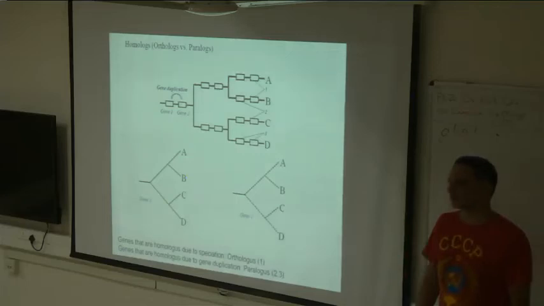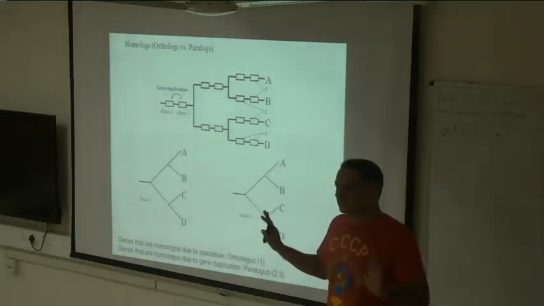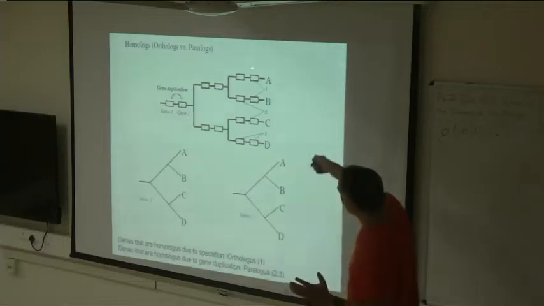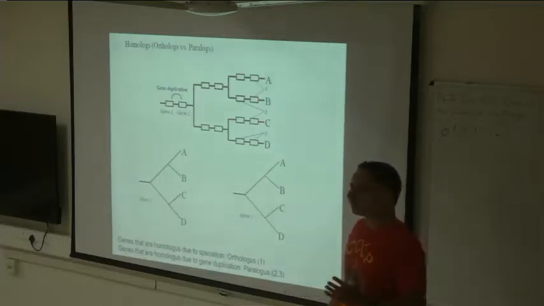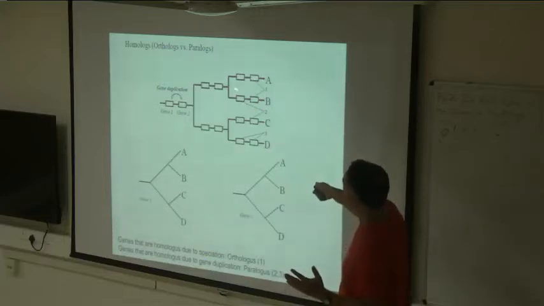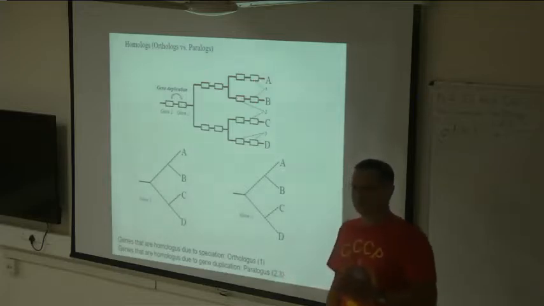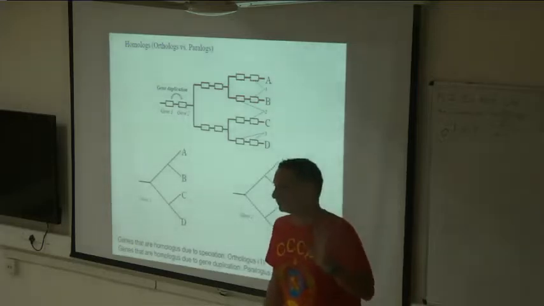Any questions? Another way of looking at it is that you have to use orthologs in your phylogeny. Don't use this gene in some species and that gene in other species, then you'll get a completely messed up phylogeny. Because it is almost like using another gene.